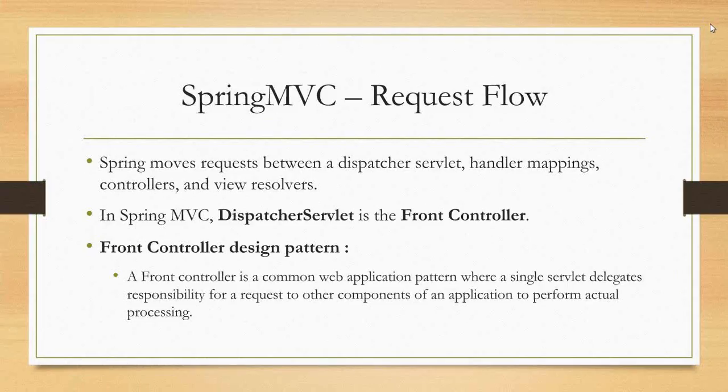Spring moves the request between the dispatcher servlet, handler mappings, controllers, and view resolvers. The request is moved between the dispatcher servlet, handler mappers, controllers, and view resolvers. So that is what we have noticed now, right?